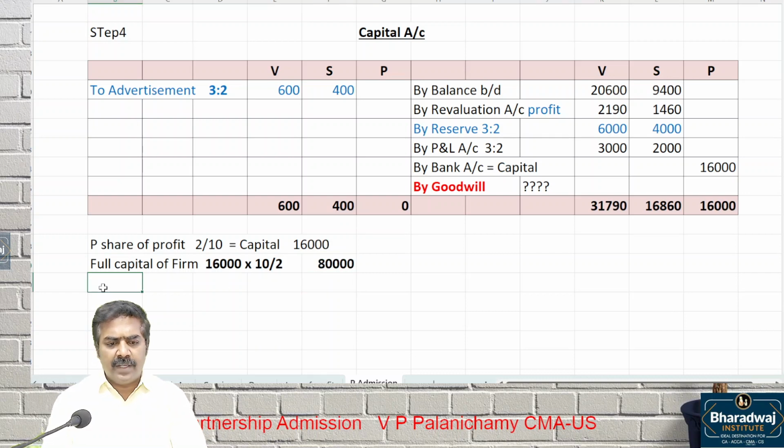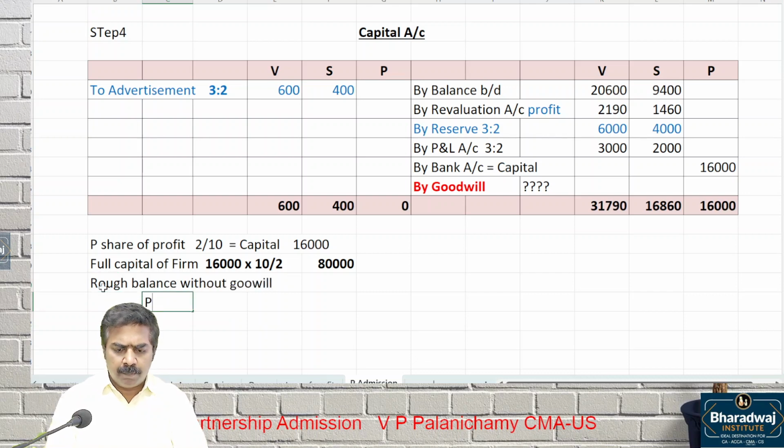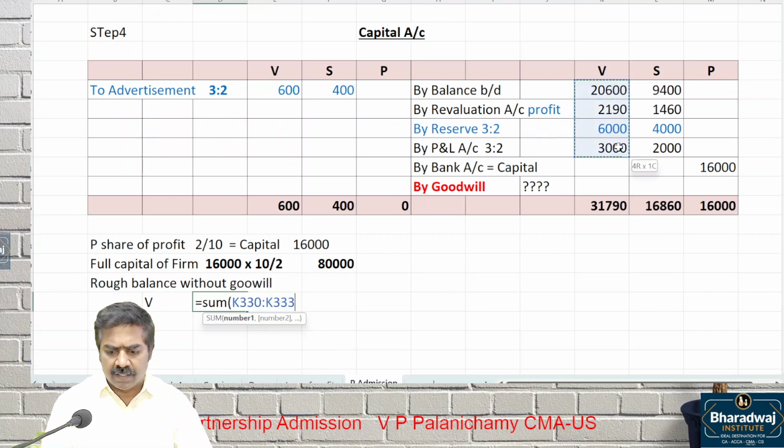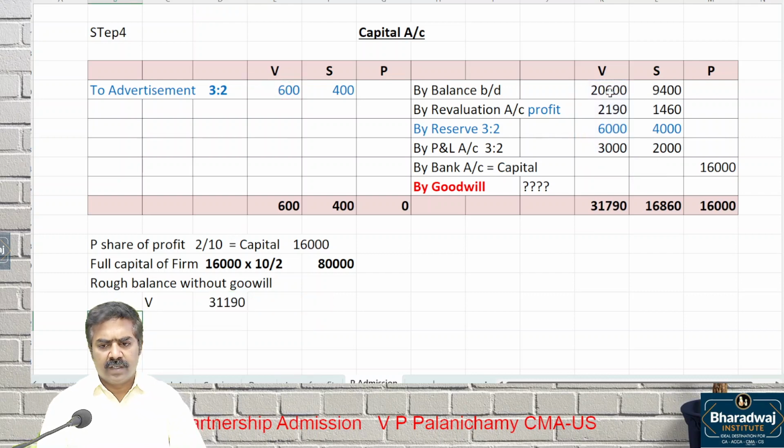Now, tell me the capital balances without goodwill. Without goodwill, how to work out? Add up all the credit sides without goodwill, minus debit side amount. Clear? Add up all the credit side amount minus what?